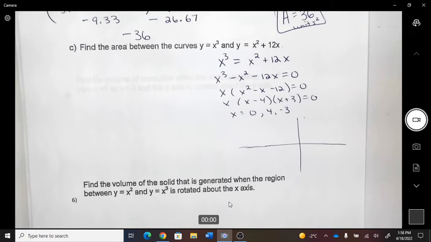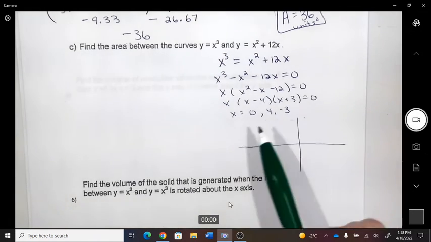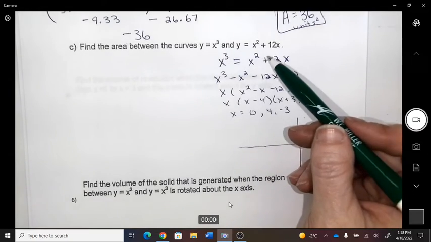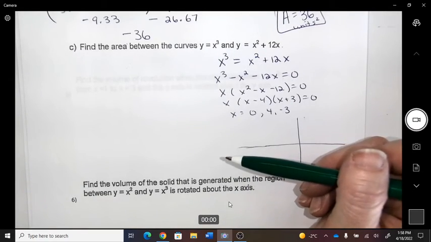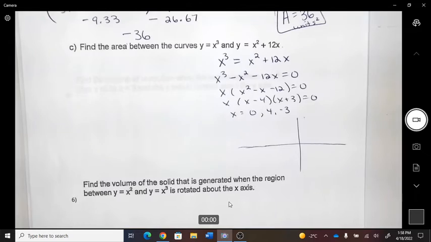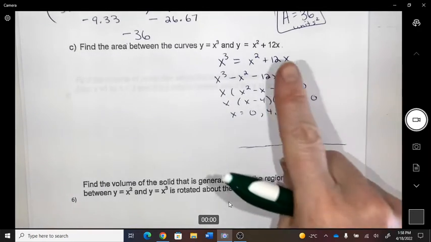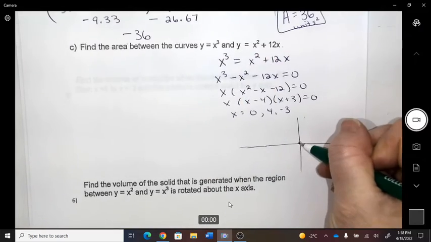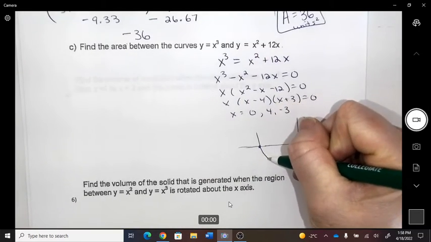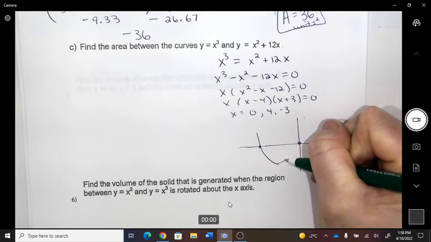I probably wouldn't make you draw this one, but I probably will have a parabola and a line crossing each other where you kind of have to draw. Okay, so this is a parabola that has x-intercepts like that.